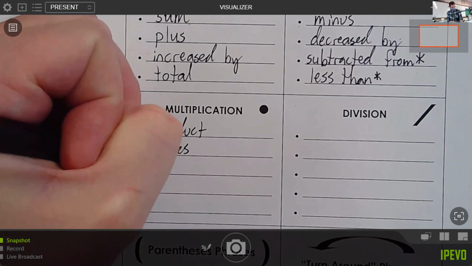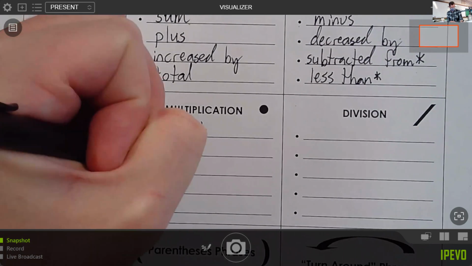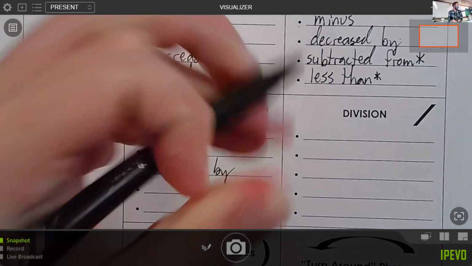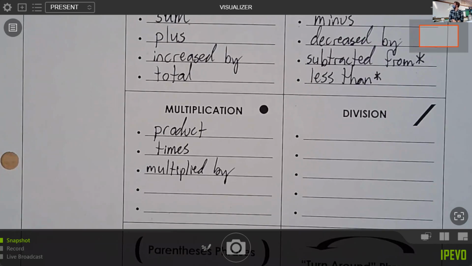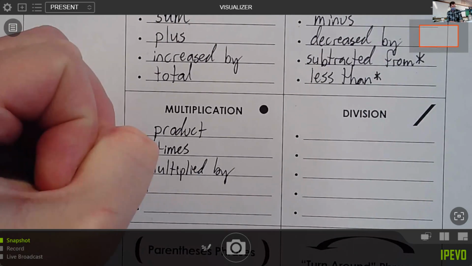So multiplied by, okay, anything else? See any other words in there that would mean multiplication? What's that? Twice, yep. Twice means times 2.